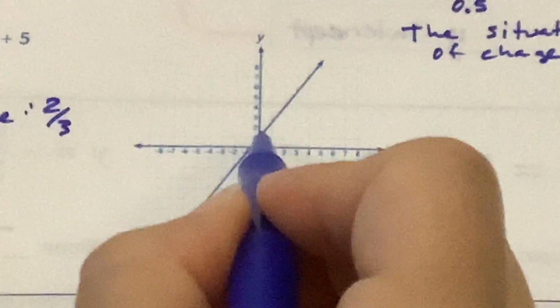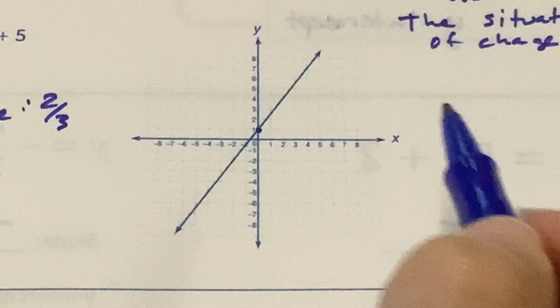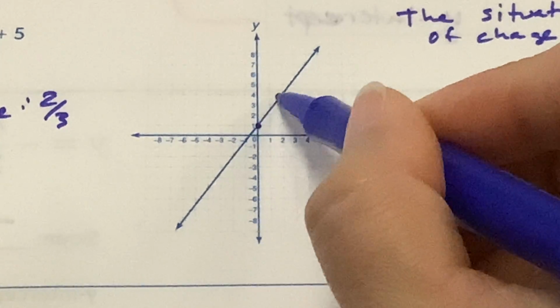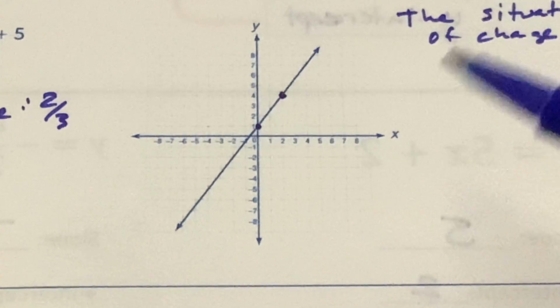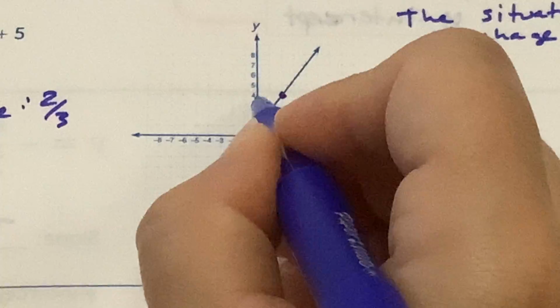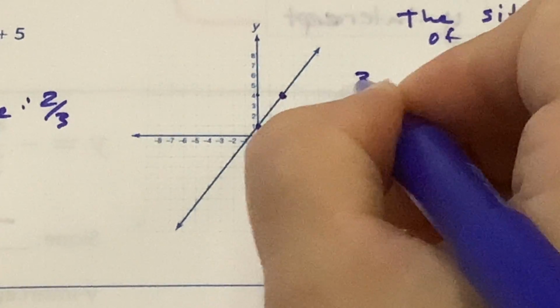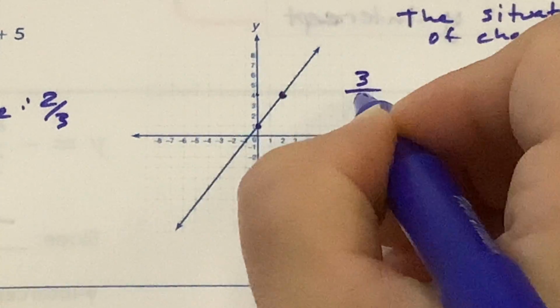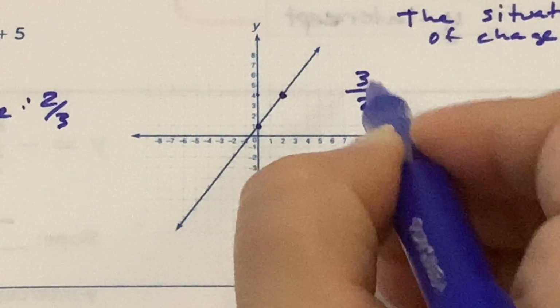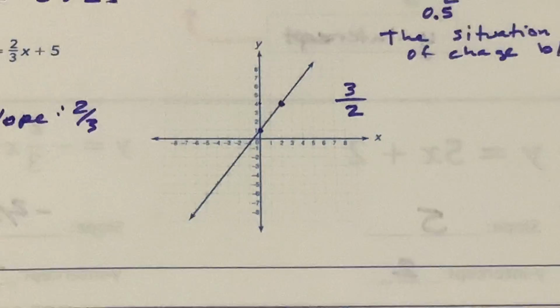I'm going to suggest you use the intercept because that's a whole number. And then follow that line up to where it crosses exactly at another point. Is that 2, 4? Okay, so how far up is this? Up 3. How far over? 2. Okay, so the question is, is 2 over 3 greater than 3 over 2, or is 3 over 2 greater than 2 over 3?